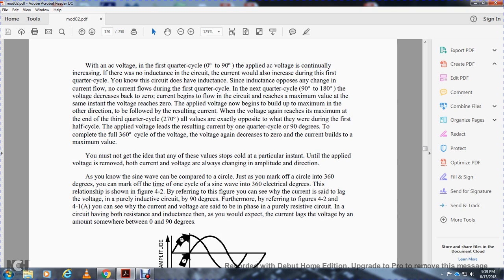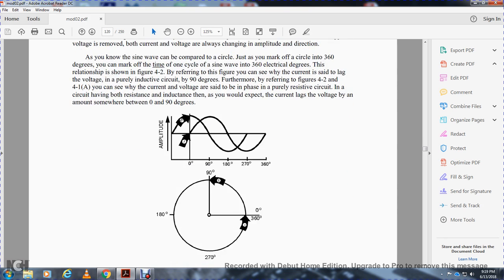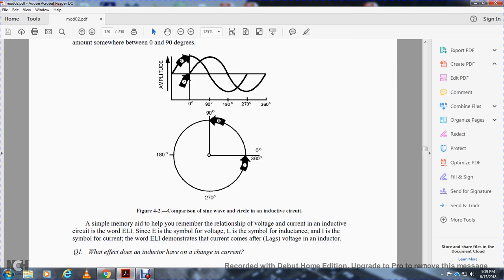in a purely resistive circuit. In a circuit having both resistance and inductance, the current lags the voltage by an amount somewhere between 0 and 90 degrees. Simply remember the word ELI to help you remember the relationship of the current in the inductive circuit: E for the symbol of the voltage, L for the inductance, and I for the symbol of the current.